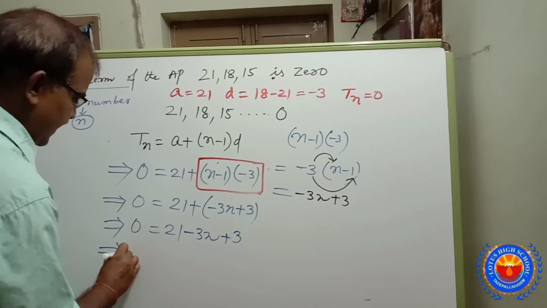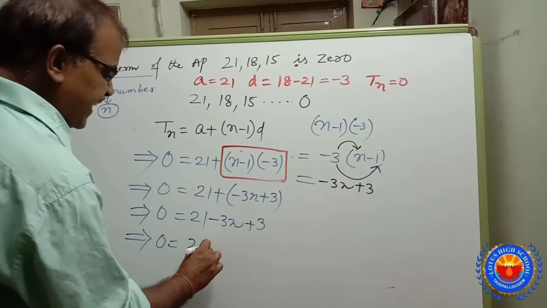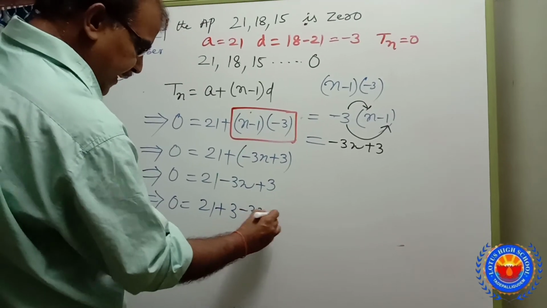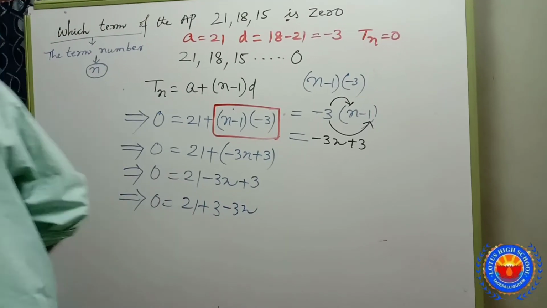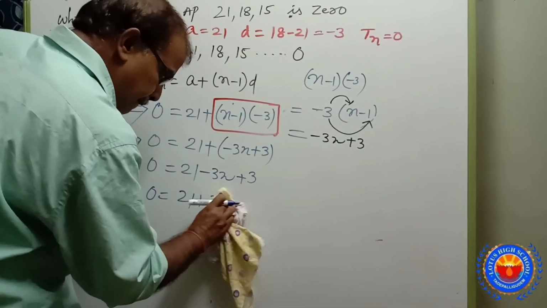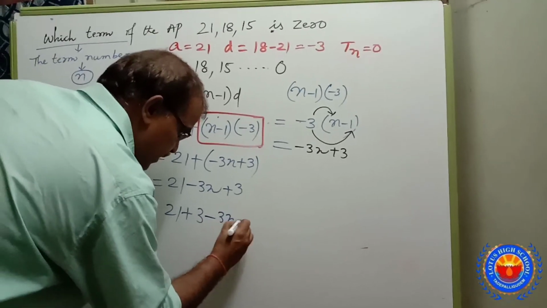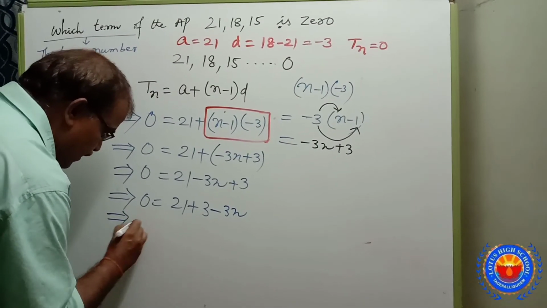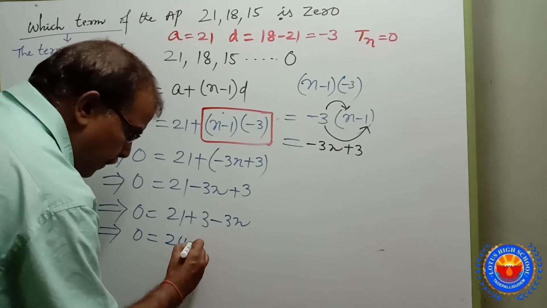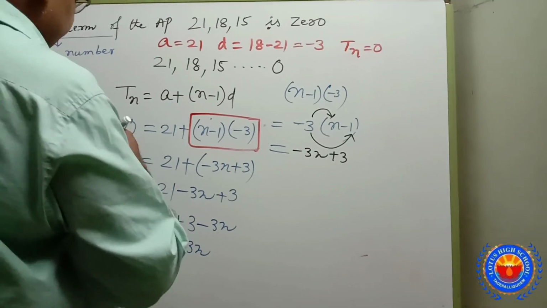That implies 0 is equal to 21 plus 3 minus 3n. That implies 0 is equal to 24 minus 3n.